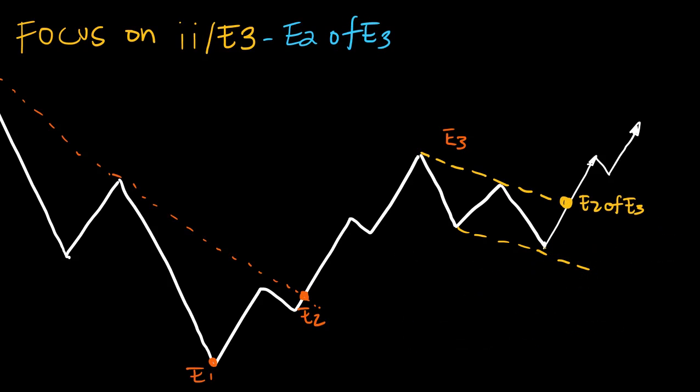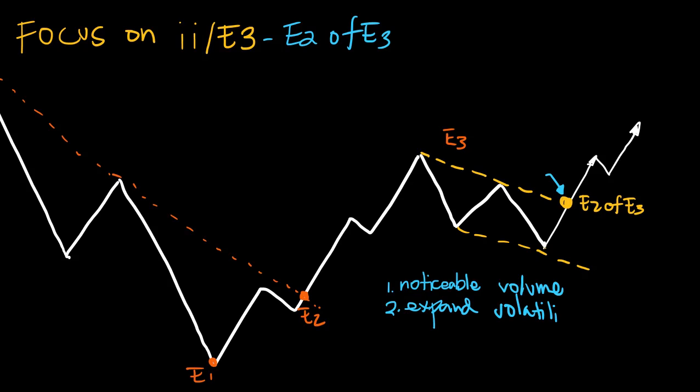E2 of E3 is just a breakout of the smaller channel drawn after the larger DCS. This is where participation and interest start to become obvious. From here, there will be a noticeable change in volume as the accumulation phase is already over. Volatility will also expand after a period of consolidating through a tight range.